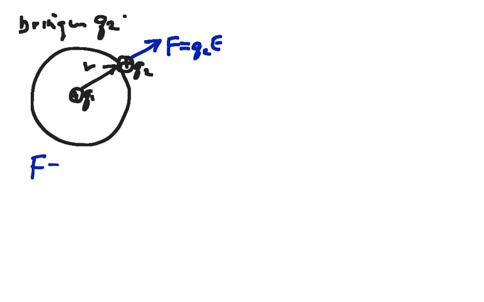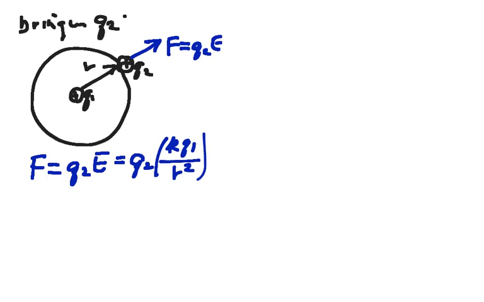So this force is equal to Q2 times E, which would be Q2 times k Q1 over r squared. And that's going to be equal to k Q1 Q2 over r squared.